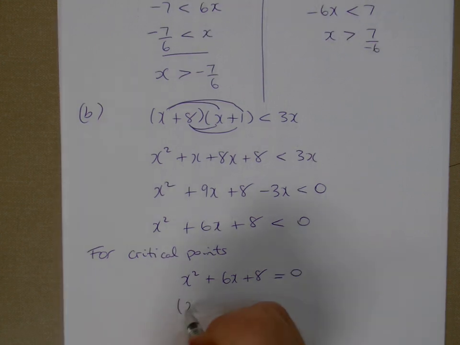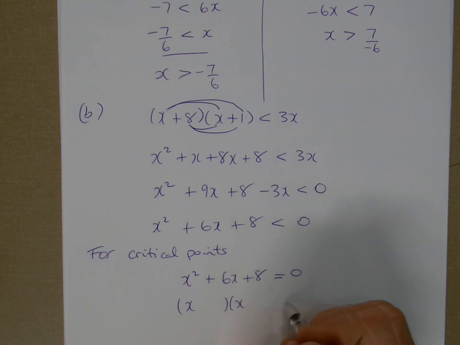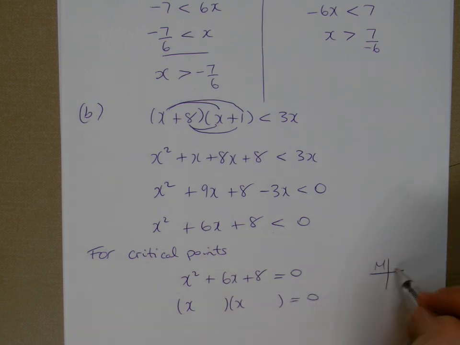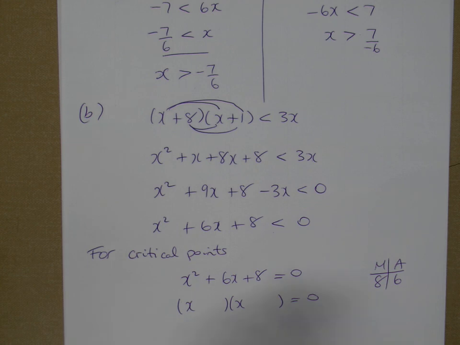So double bracket here, and we just need to think of two numbers that multiply to give 8 and add up to give 6. So the two numbers are going to be 4 and 2, aren't they? 4 and 2, they both multiply to give 8 and they'll add up to give 6 if I make them both positive.